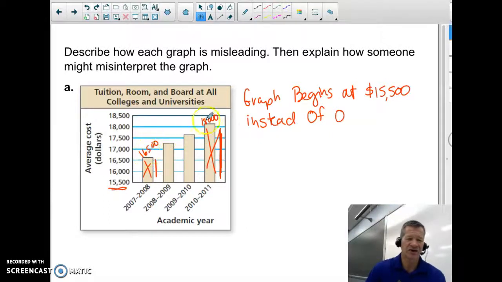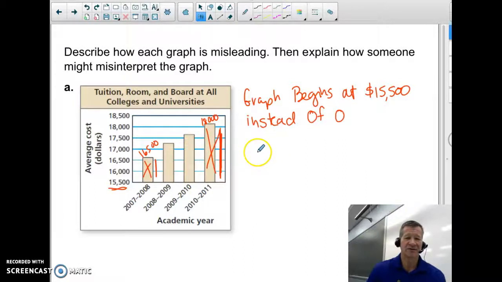It gives the impression that the tuition, room, and board at these colleges and universities have doubled between 2007 and 2011. That just isn't true. It went up about $1,500, but it didn't come anywhere near to doubling.